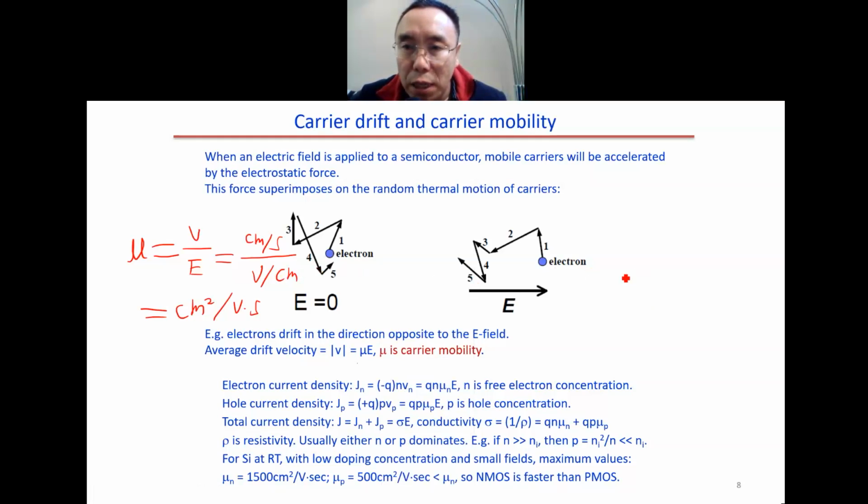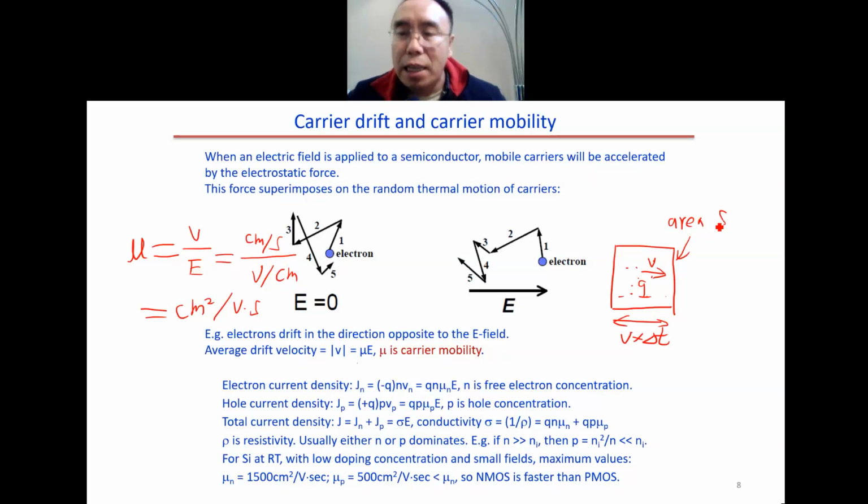We have many charges, and the charge is moved at a speed of v. So the distance from here to here is given by v times delta t. The area of this side is S.